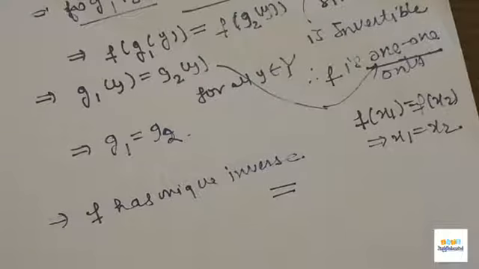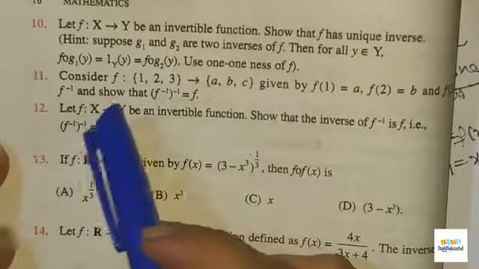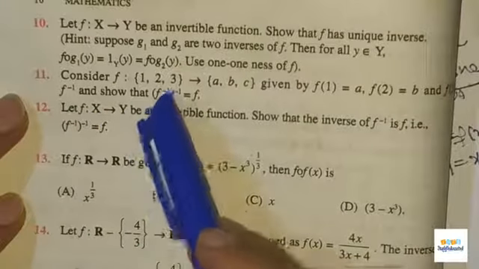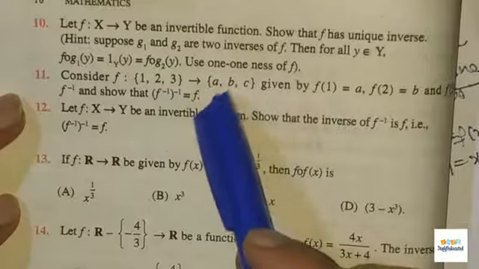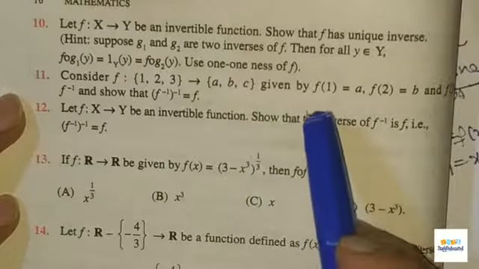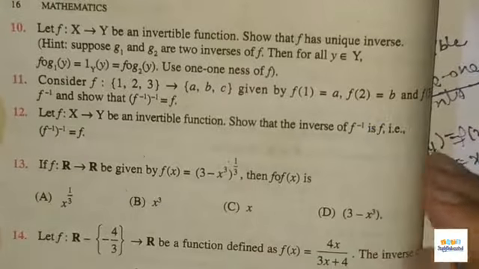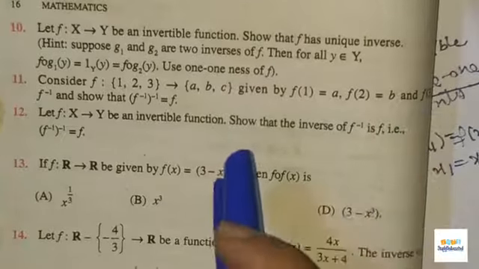Now let us go to problem number 11. So what is problem number 11? Consider f from the set {1, 2, 3} to the set {a, b, c} given by f of 1 equal to a, f of 2 equal to b, and f of 3 is equal to c.